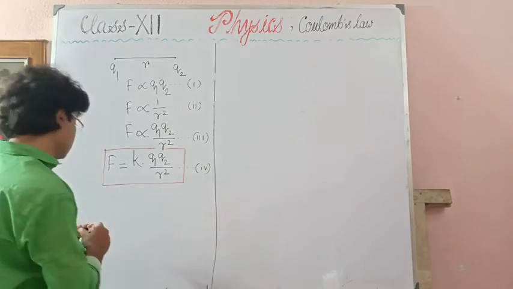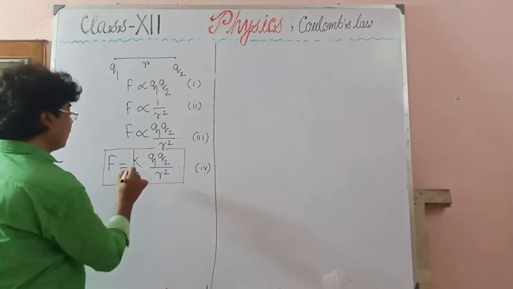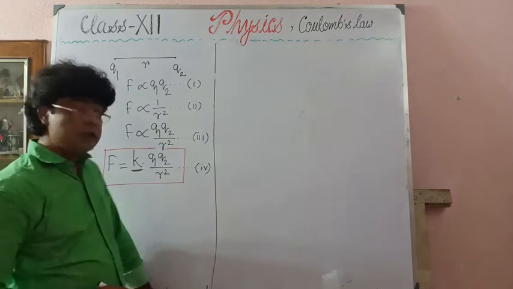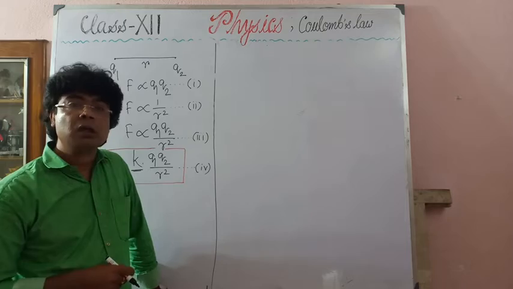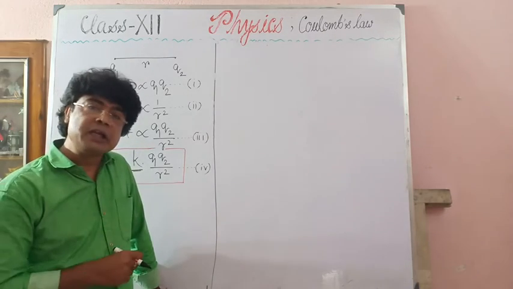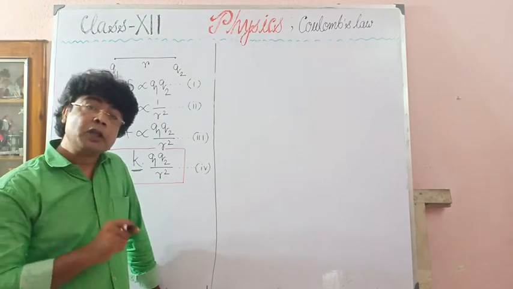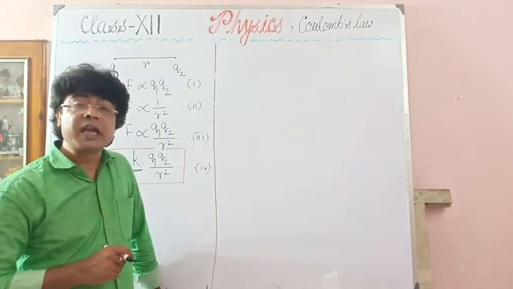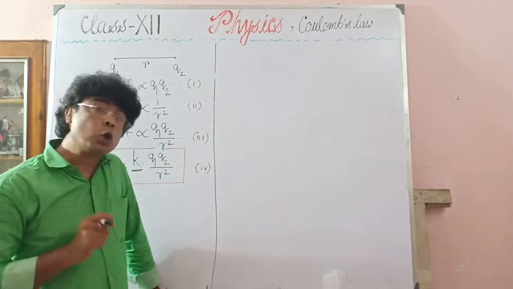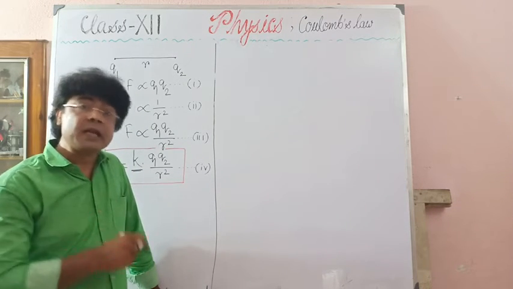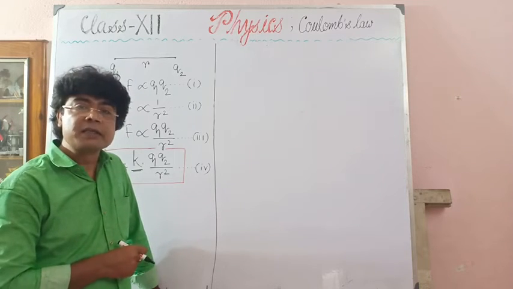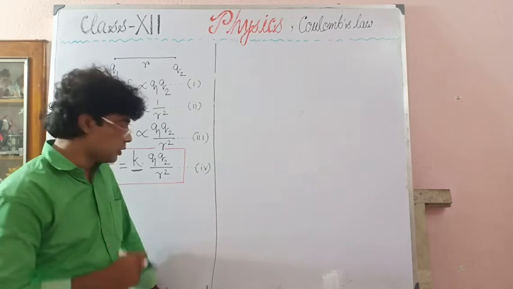The value of the electrostatic constant depends on the nature of the medium between the two point charges and the system of units chosen to measure force, distance and charge.